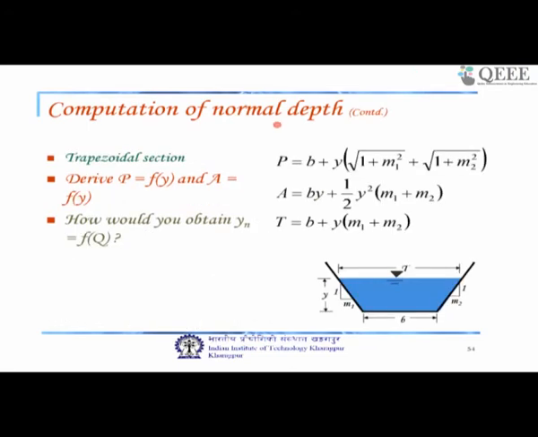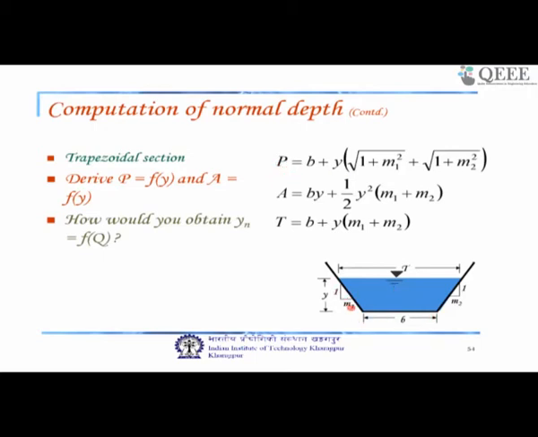Similarly, if we talk about a trapezoidal section, again we need to represent the perimeter in terms of y and the area in terms of y. So, for the perimeter, this is b.